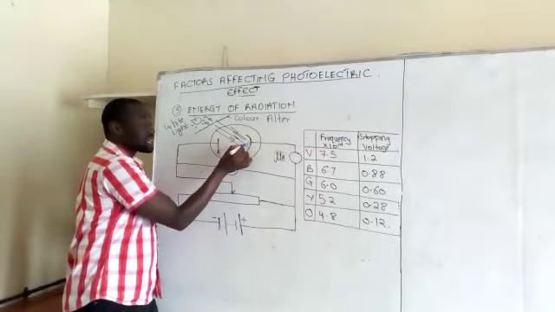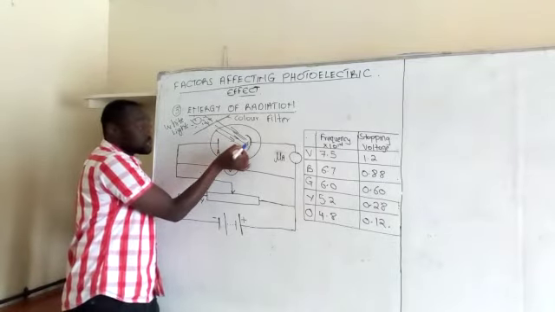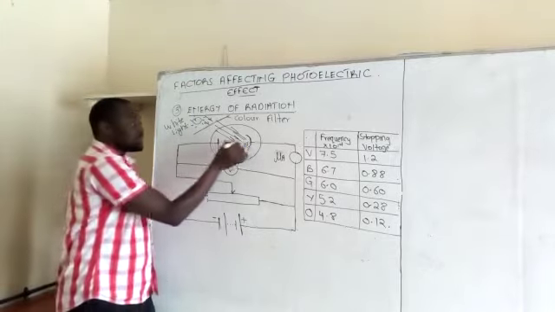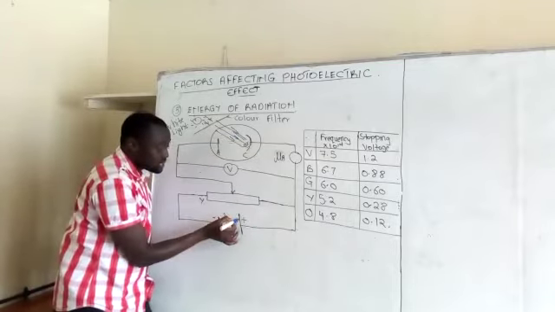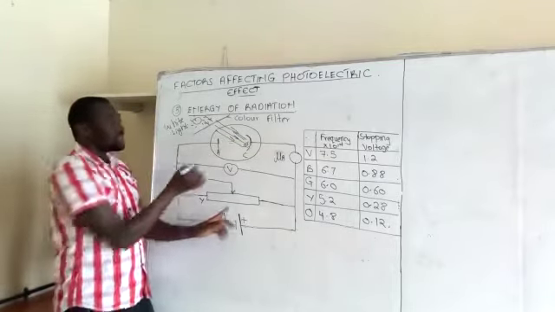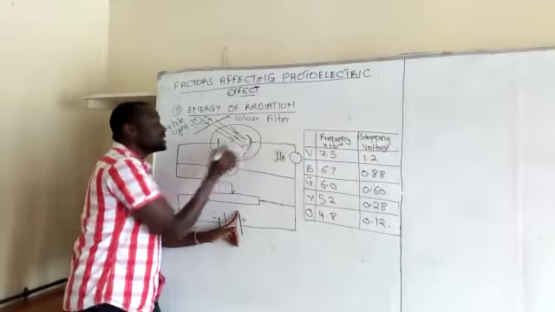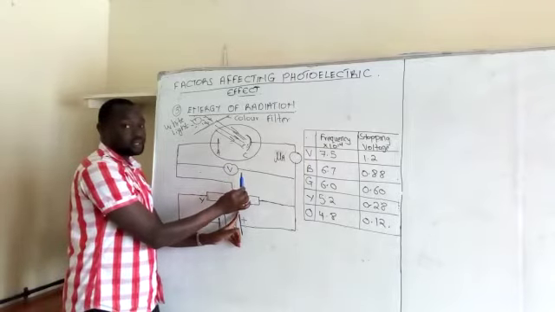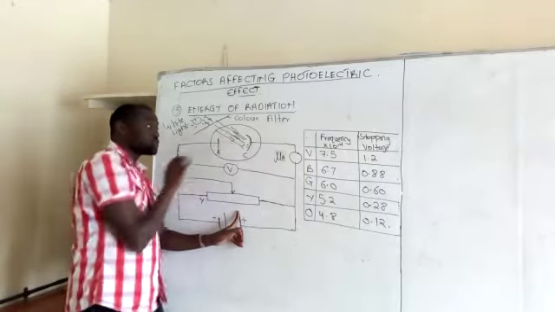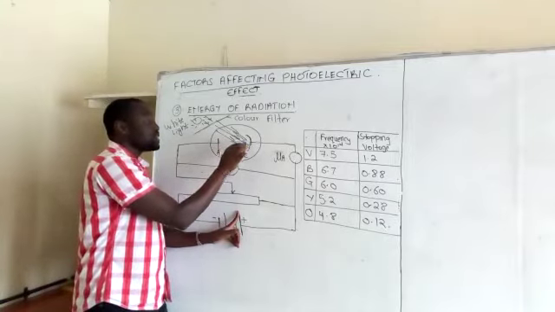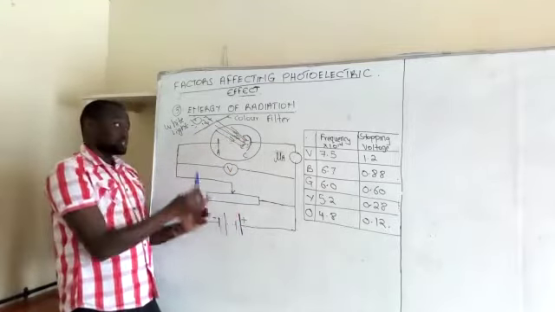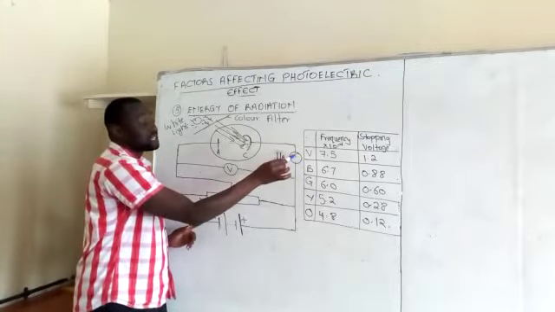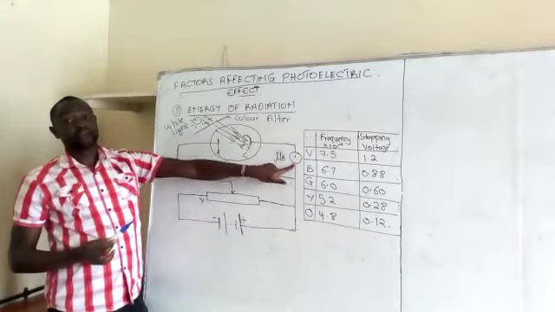Therefore, we expect that kinetic energy now will be used to cross over this gap to plate A. Now, we connect this plate to the positive terminal so that immediately this electron is ejected, we vary the voltage. Note, after the radiation is shone on this metal plate, we'll have the electrons being ejected. The excess energy will be used to cross over to this, and therefore we shall set up some small currents which will be registered by the microammeter.